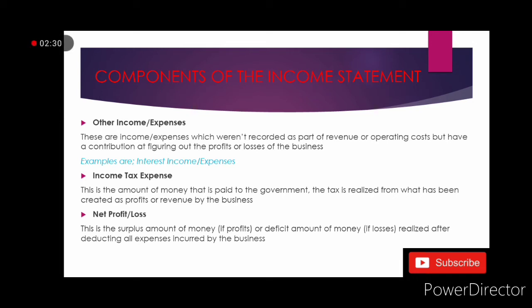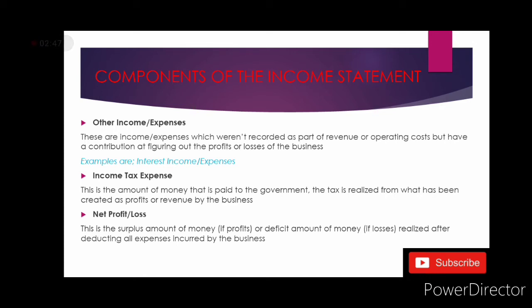These are basically extras. So then there is income tax expense, which is a certain amount of money that is paid to the government. This tax is realized from what has been created as profits, if not profits, then revenue by the business.